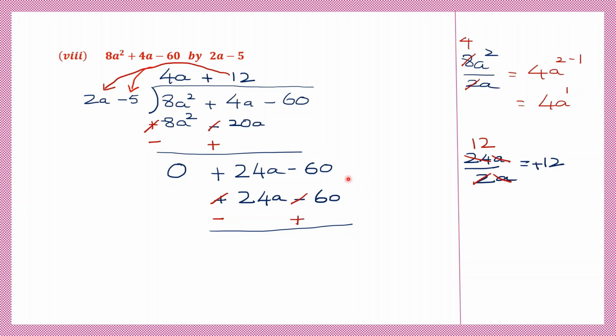Now minus 60 plus 60 will become 0. And here also plus 24 minus 24, though it is a, it is 0. So now our quotient 4a plus 12 is our answer. So let's write that down. 4a plus 12. So the final answer is this.